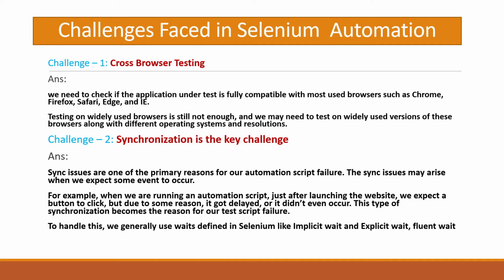Testing should be done on different browsers, so our application has to work on different browsers, at the same time on different operating systems, and also with different pixel resolutions, so our application has to work within those limitations also.